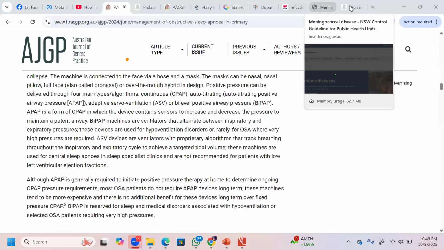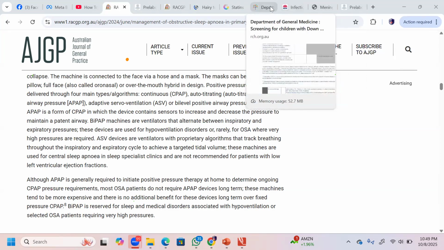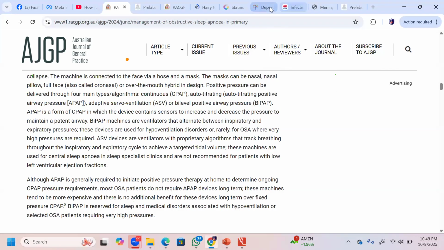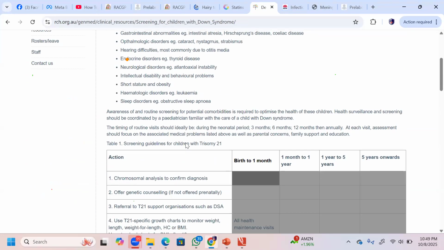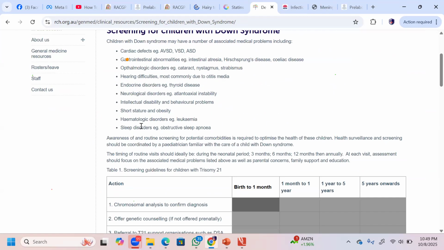Just one minute. Okay, so this is the RCH guideline.